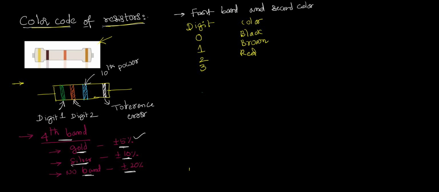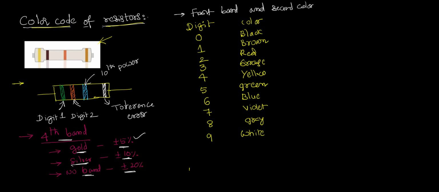If the digit is 4, yellow. 5 is green. 6 is blue. 7 is violet. 8 is gray. 9 is white. You should know and remember this list, so that based on the colors written, we can decode them into digits.